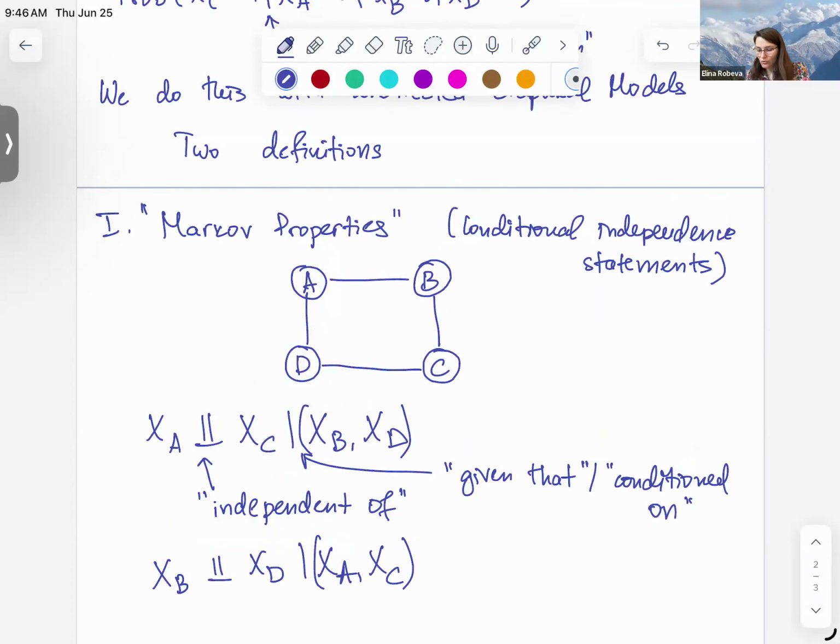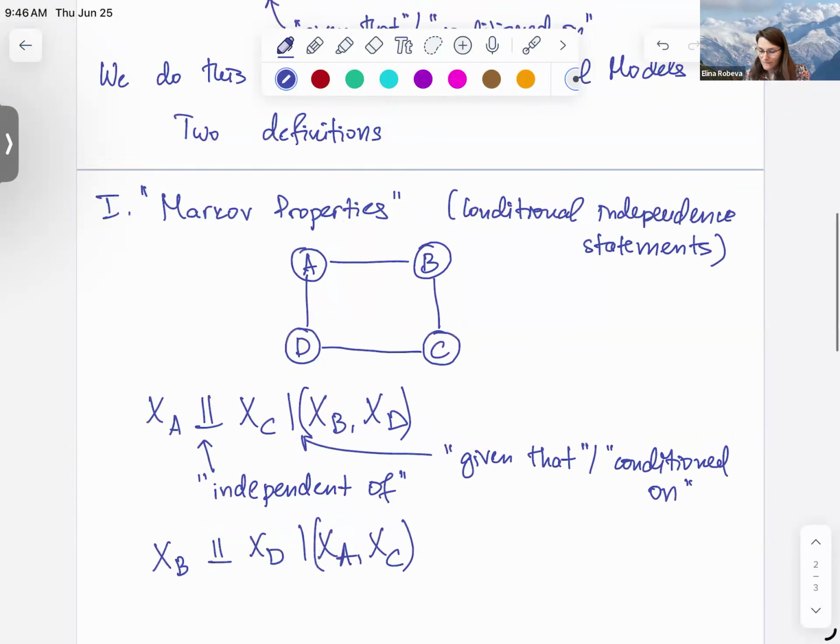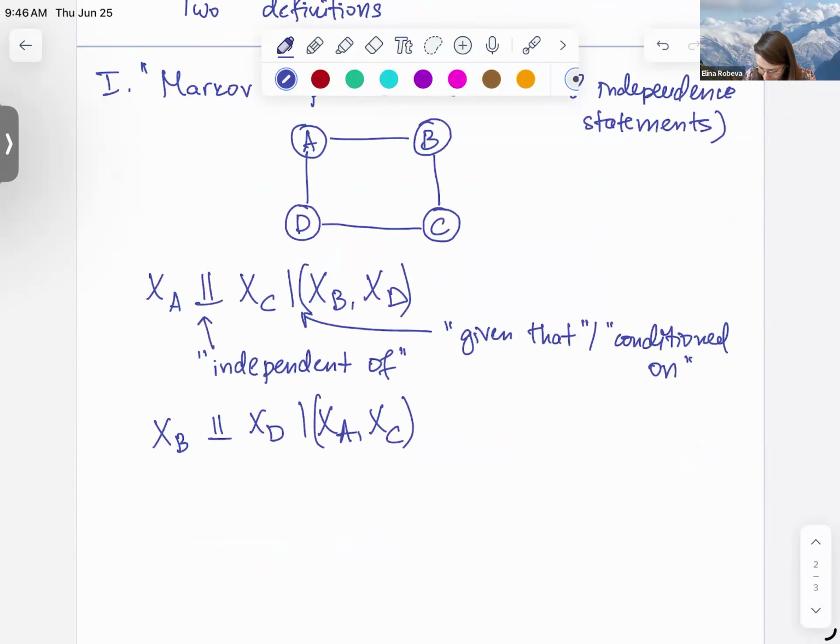It's basically all random vectors or all probability distributions of these variables XA up to XD that satisfy these conditional independence statements. And the second way to define it is through something called factorization.